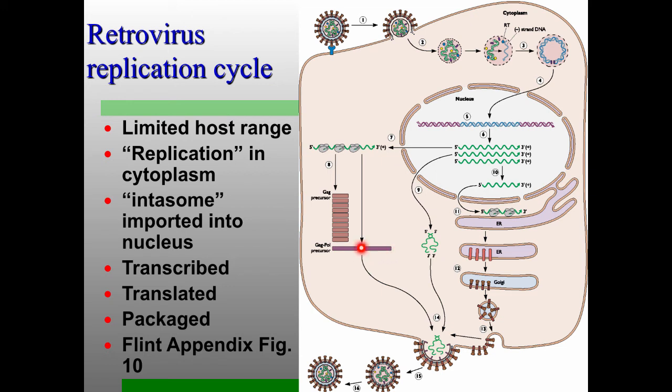So the GAG-POL polyprotein gets targeted to the membrane, where you also have the envelope proteins. The envelope proteins are all made from a major splice product, which takes out the GAG-POL genes and just allows the envelope proteins to be made.